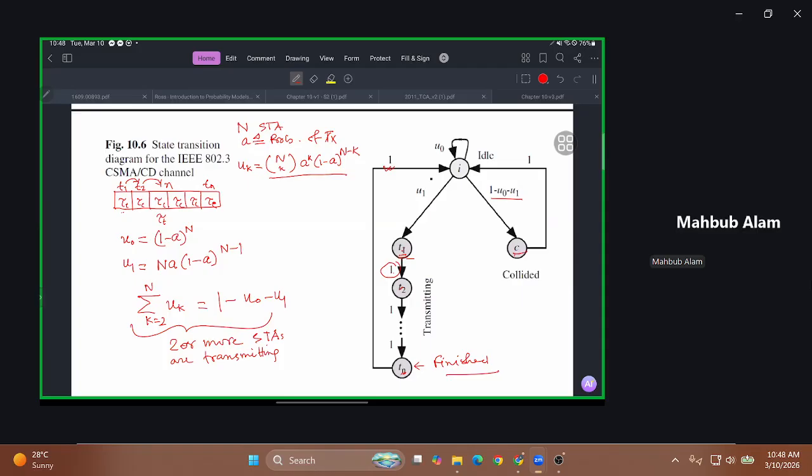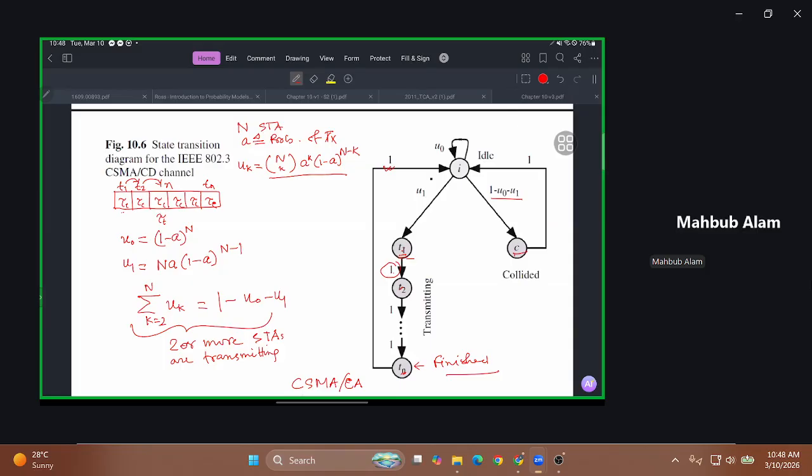Now, two questions are here. One is last year's question. Another one is, instead of CSMA/CD, if the protocol would be CSMA/CA, how would the state transition probability graph change?